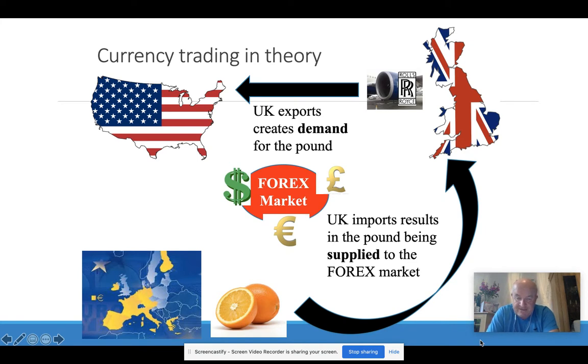Okay. The opposite is true if we are importing. So, for instance, if we're importing oranges from Spain, part of the European Union, in order to buy those oranges we would have to sell our pounds and convert them into euros, and that essentially creates a supply to the forex or foreign exchange market.